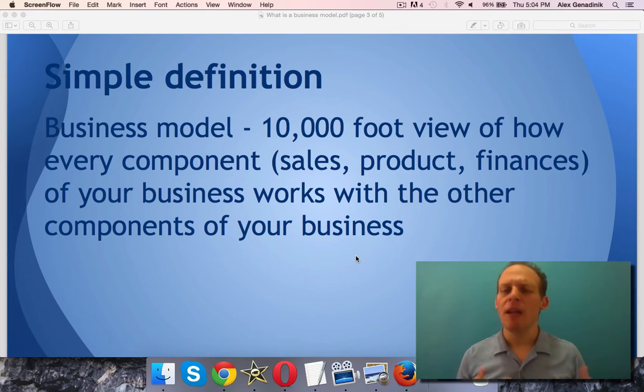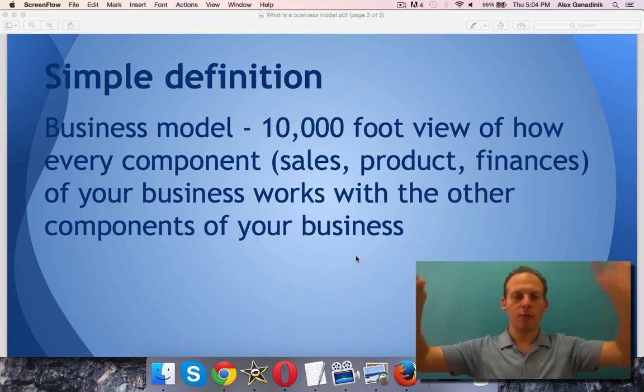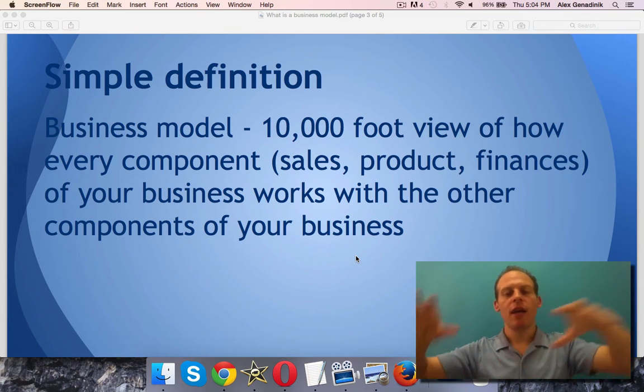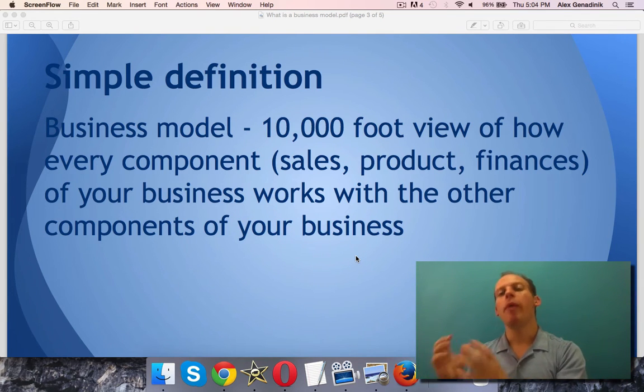And what are the main components of your business? Well, it's like always: your product, your marketing and sales, because that's how you sell the product, and your finances, because everything has to happen with reasonable finances. You want to be profitable. Depending on your business, each of those large parts, product, marketing, finances, have sub parts in them that have to work well together.